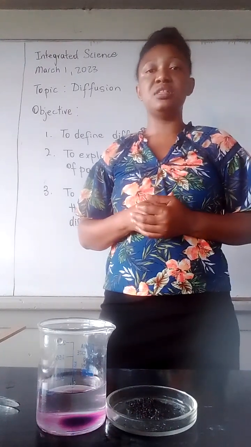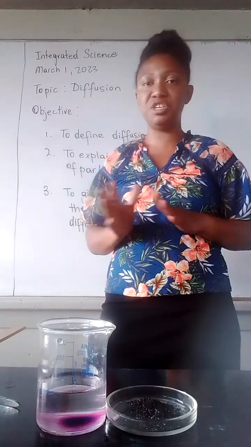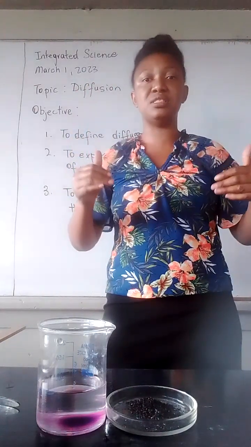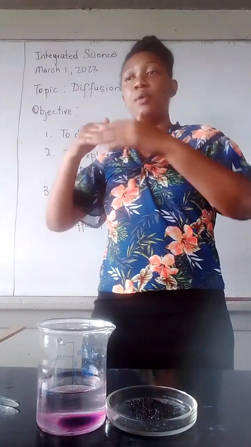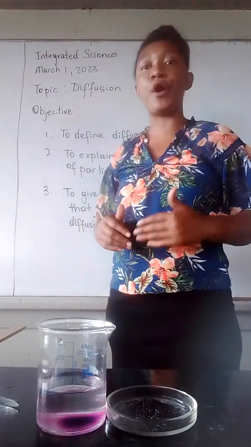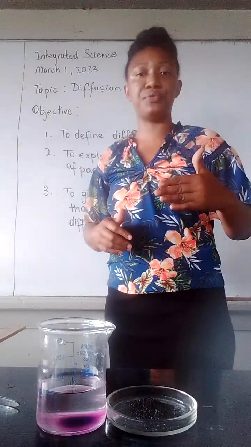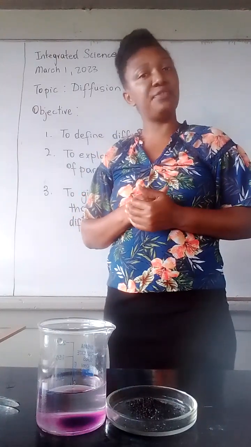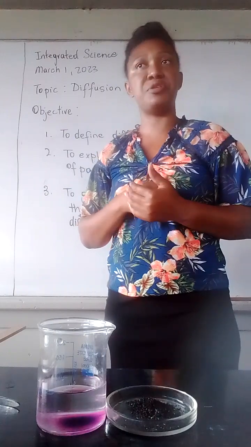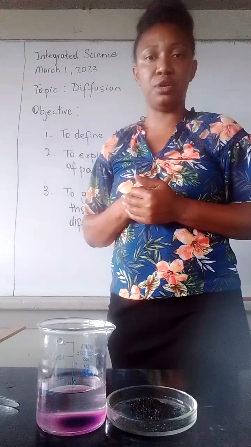This is because the perfume particles moved from an area of high concentration, which was at the front of the room, to where there were no perfume particles at the back. So it's moving from many perfume particles at the front of the room to where there were none or fewer particles of the perfume, which helps us to define diffusion, which is the movement of particles from a region of high concentration to a region of low concentration.